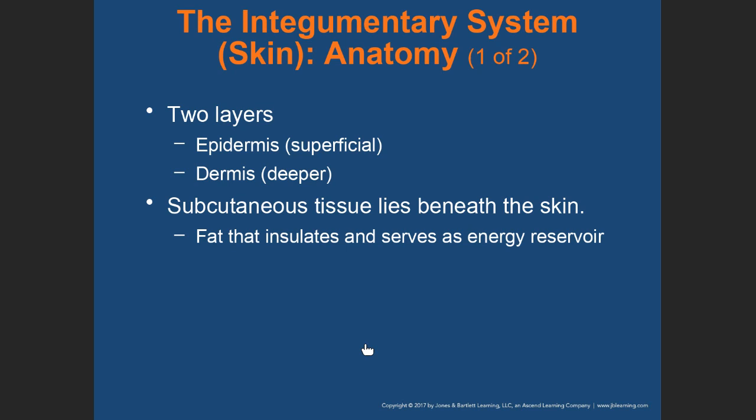It acts as a sense organ, so it picks up changes in the environment and relays that to the brain. It can play a role in temperature regulation. It protects the body from invading organisms, and it has a role to play in water regulation, or the regulation of plasma within the body.